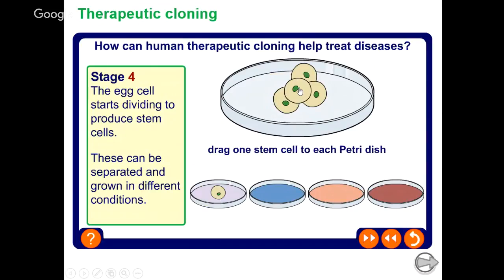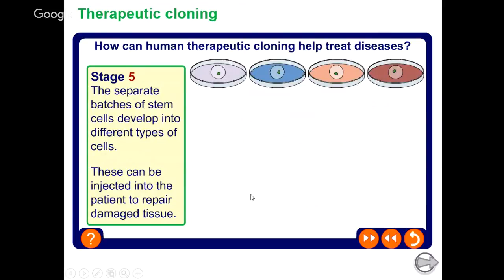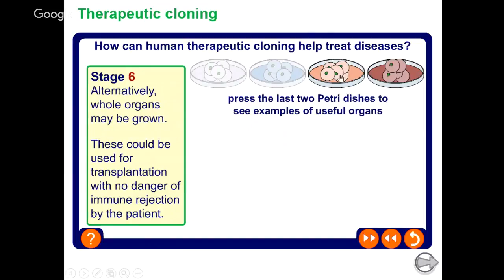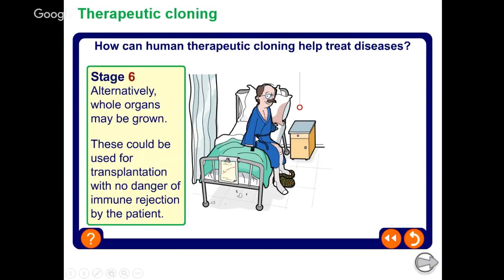And depending on the conditions that we grow these cells in, we grow them on Petri dishes which contain a range of different growth factors and hormones, and we can stimulate the cells to specialize. And in theory, again, we can then perhaps encourage the cells to replace damaged heart cells or damaged kidney cells, and we can put them back in the man and he'll be all happy again.